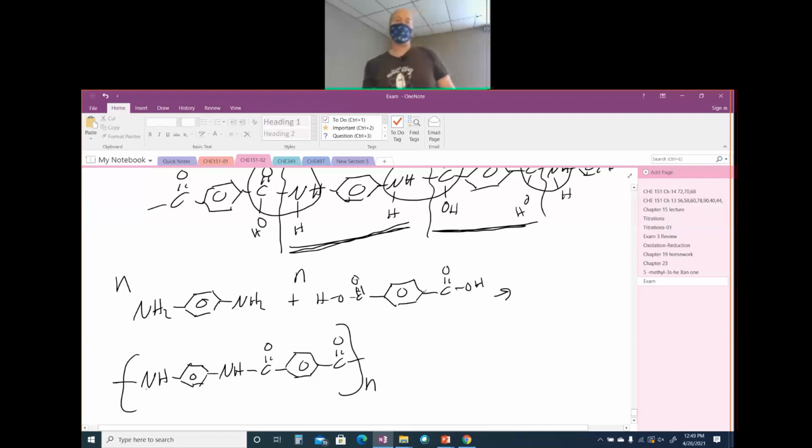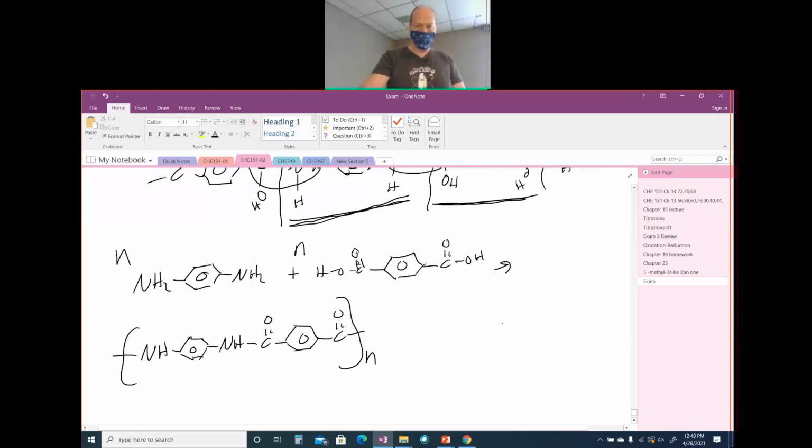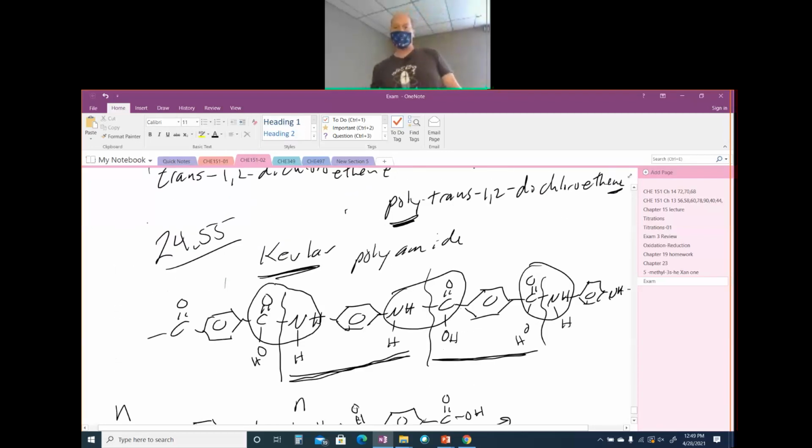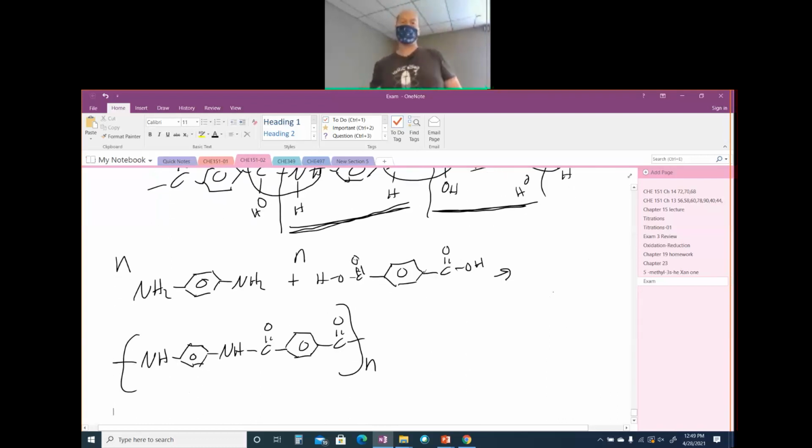So you take the H off of your NH, you take the OH off of your carboxylic acid. And that is the polymer. The example up here gave it multiple times. You just have to find the repeating unit and then put the n. That's the repeating unit, and you put the n.